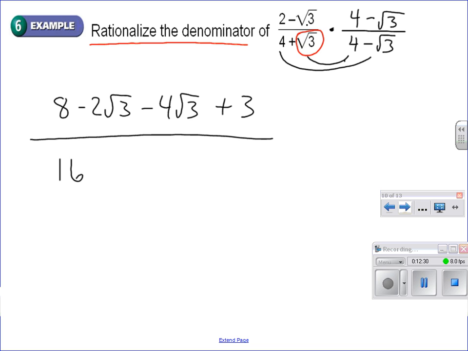And the very last thing there is going to be positive square root of 3 times negative square root of 3. So I get a negative sign. And square root of 3 times square root of 3 is 3. Simplify and we're done. So 8 and 3 is 11 minus 6 square root of 3 on top. And on the bottom, 16 minus 3 is 13.